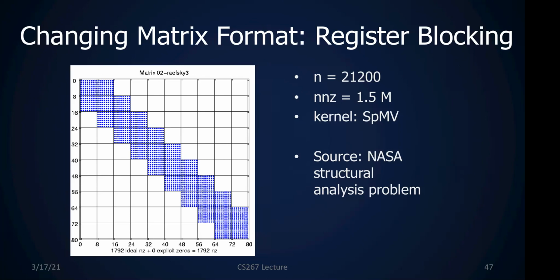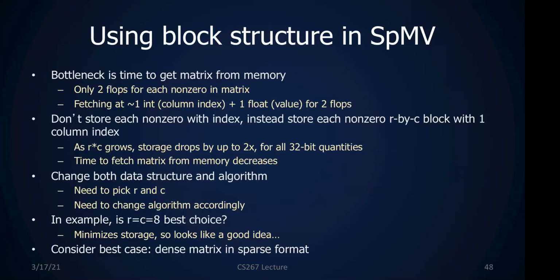Rather than storing, remember, an integer index as well as the non-zero, so each one of these blue things is some floating point value that I need to store, but I'm also storing an extra integer associated with each one to say, for example in CSR format, what column that non-zero is in. I could instead just store one index for each one of the blocks.